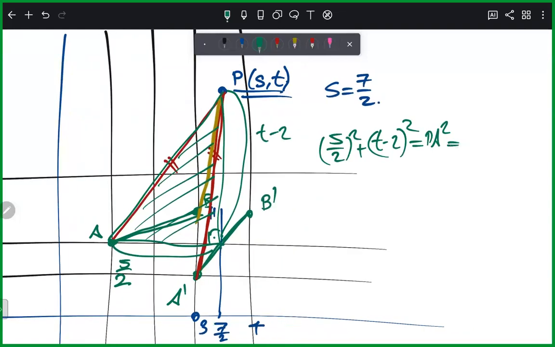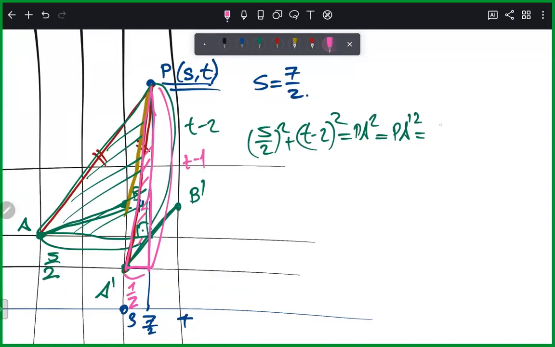And this actually equals PA' squared. So let's construct our second right triangle. It is this pink right triangle here. One side has length 1/2, and the other side has length t minus 1.